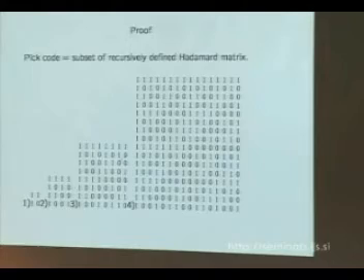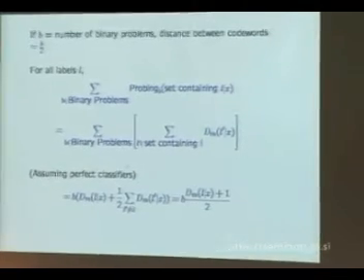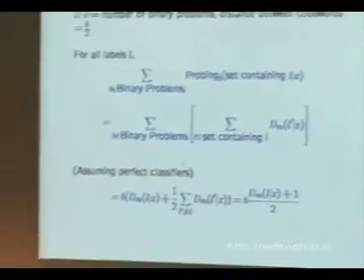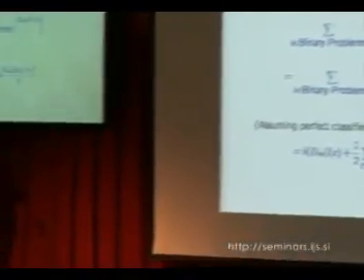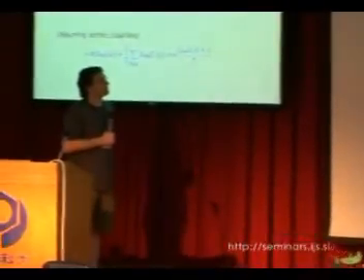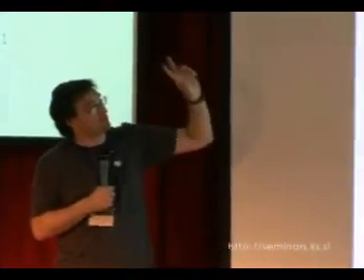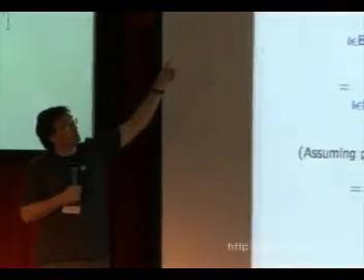I won't actually prove that. But nevertheless, it is true. Okay, so if B is the number of binary problems, so it's the number of rows, the distance between any two columns will be at least B over 2.